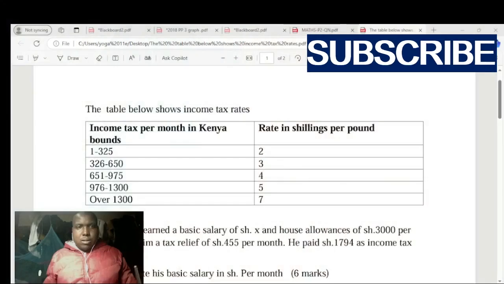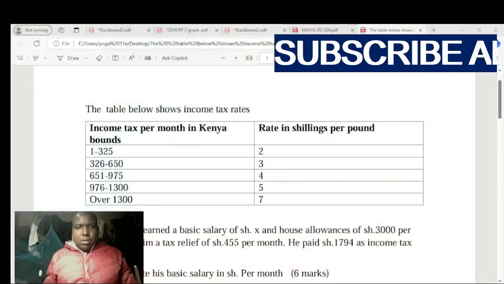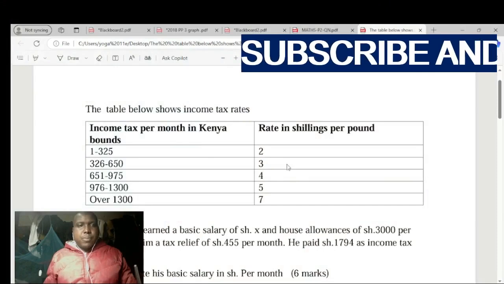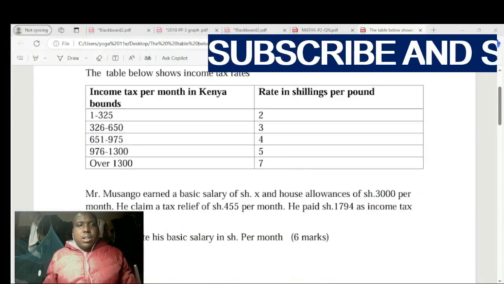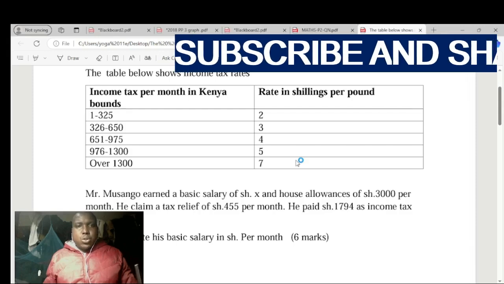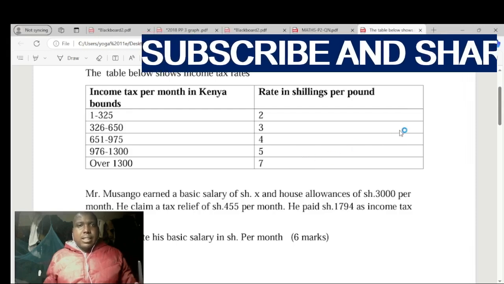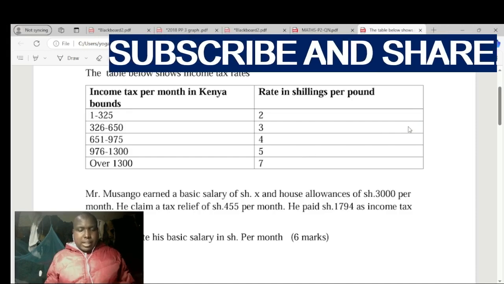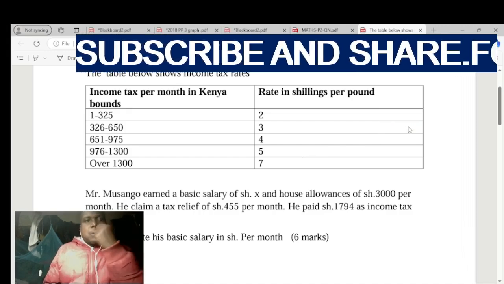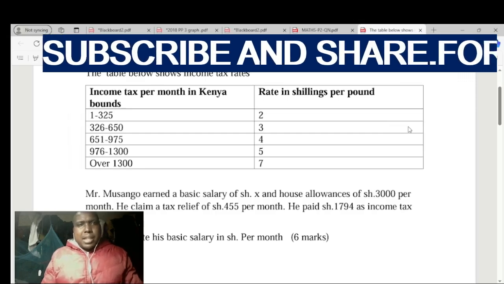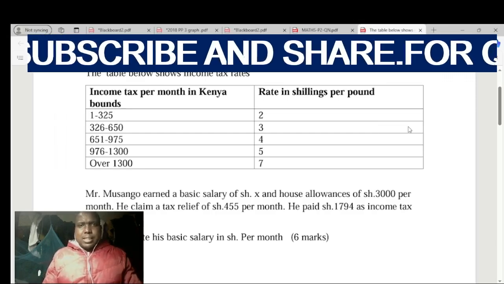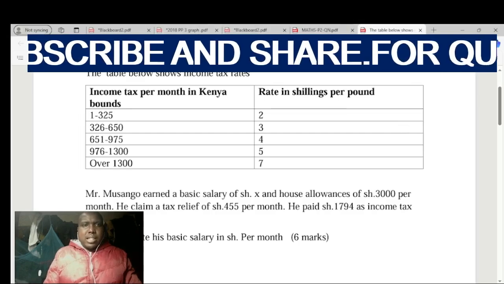Welcome today. Let us look at taxable income, the reverse process. The table below shows tax rates. Income tax per month in Kenya pounds.